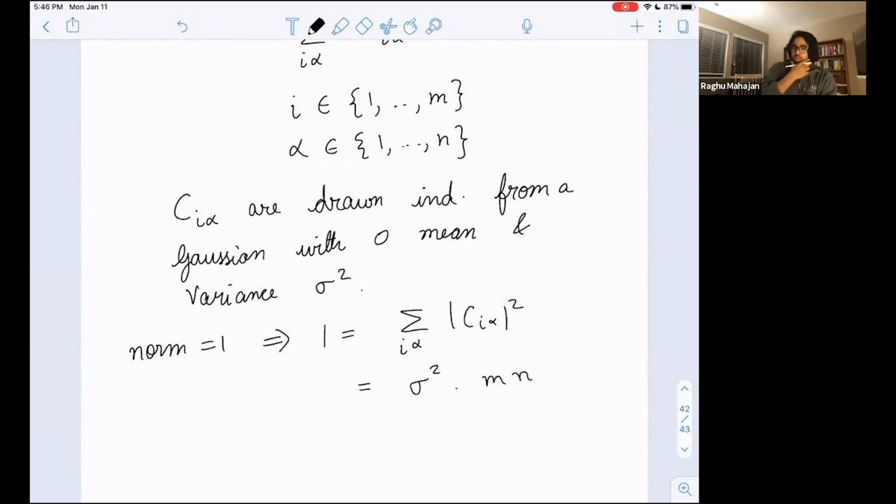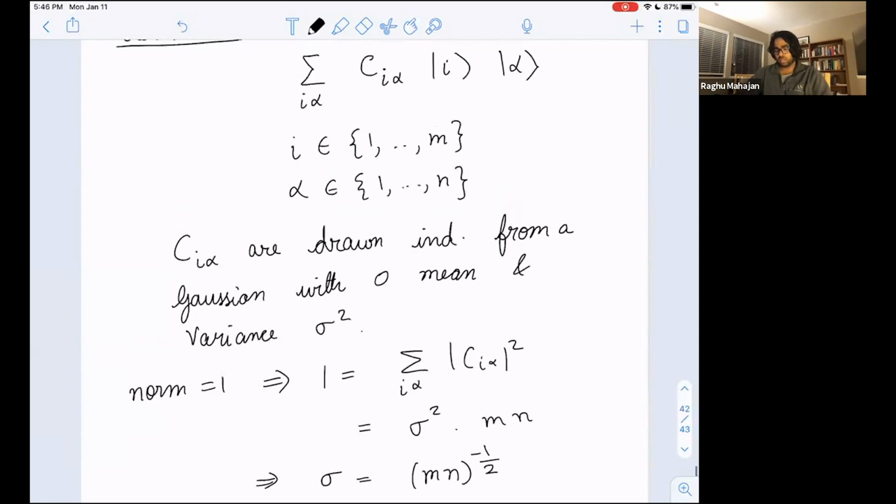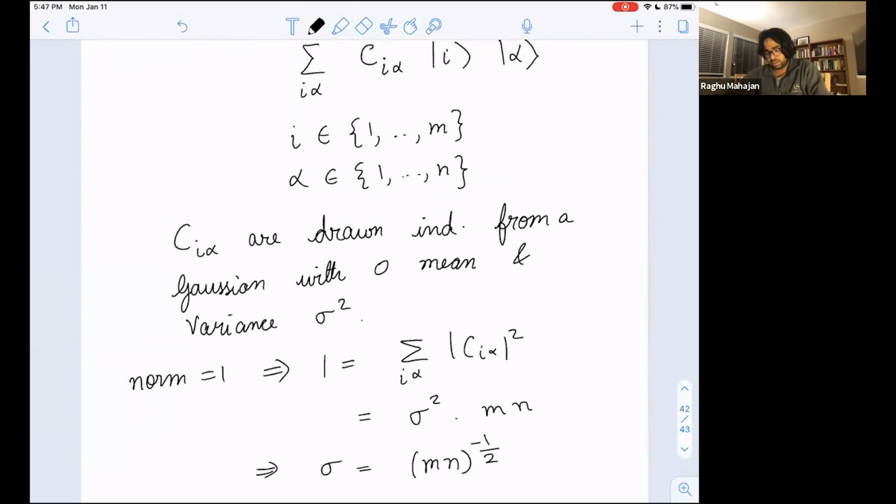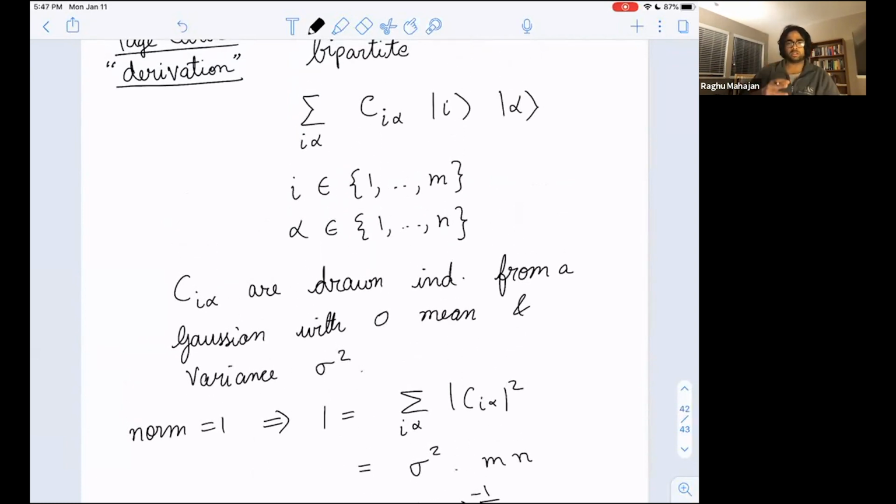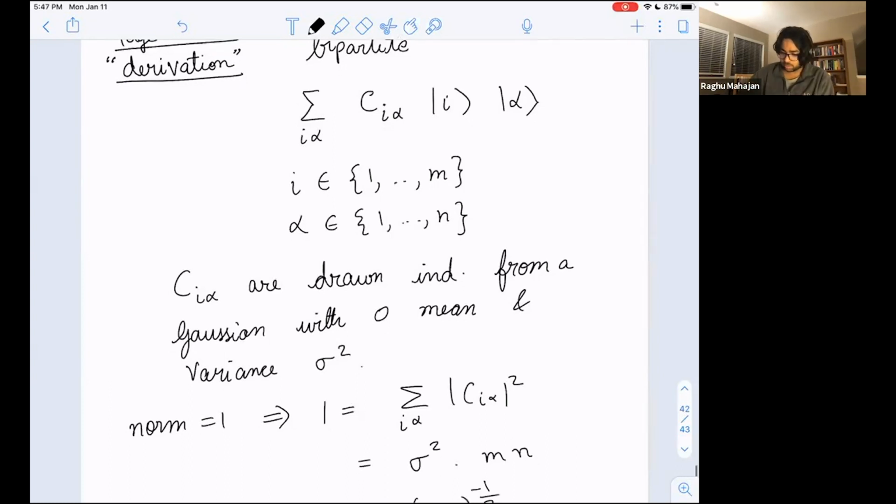So these states are normalized on average, and if m and n are big, the error we make is small. So this gives us a value for sigma: sigma is (mn) to the minus a half. So if we pick the C_i alpha with zero mean and this variance, we get a good model of a random looking bipartite state where m and n are large and it's normalized.